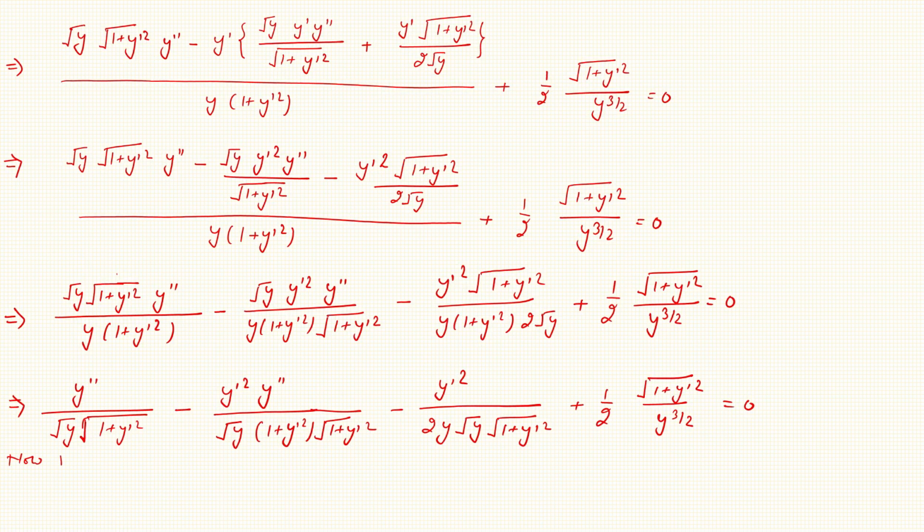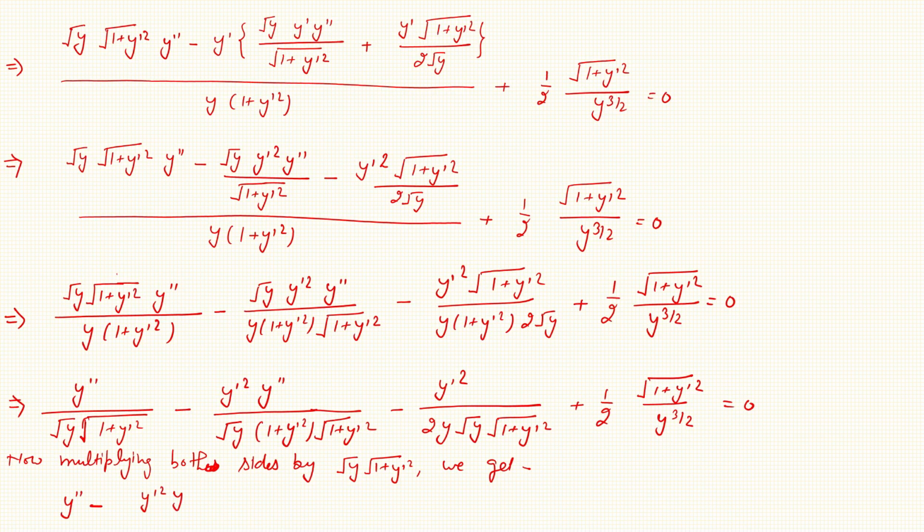Now multiplying both sides by under root y into under root 1 plus y prime square, we get y double prime minus y prime square y double prime upon 1 plus y prime square minus y prime square upon 2y plus 1 by 2 (1 plus y prime square) upon y is equal to 0.